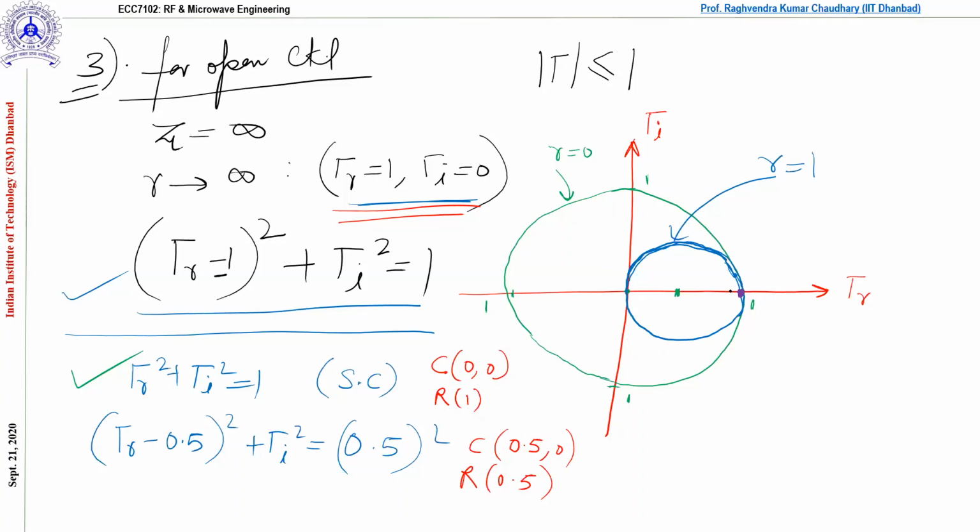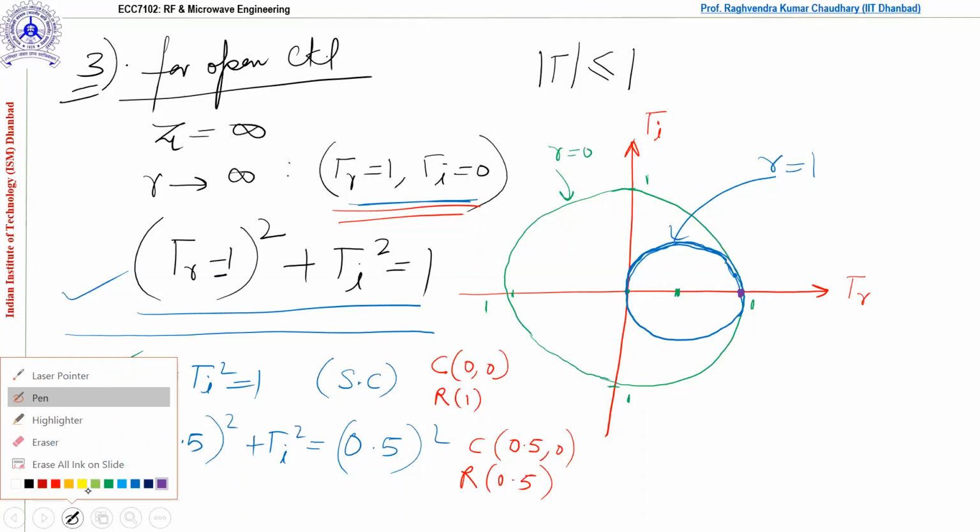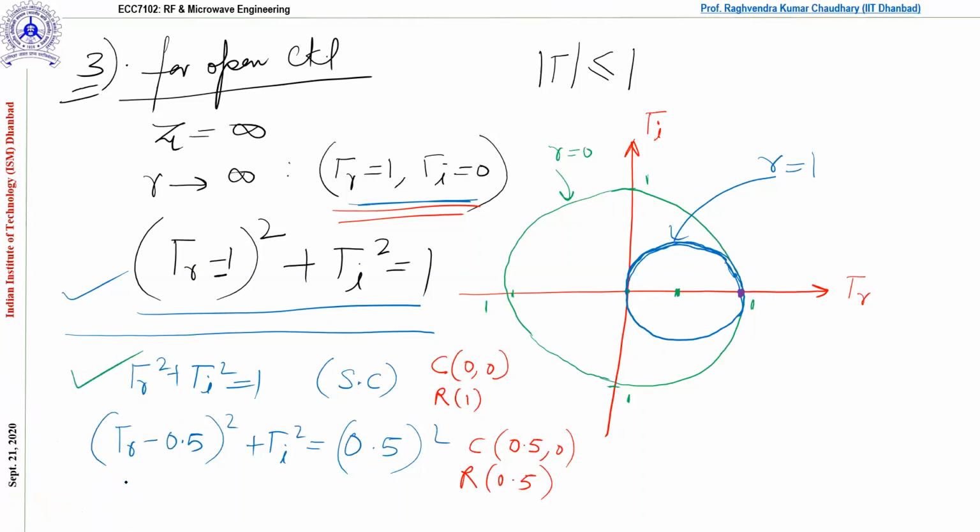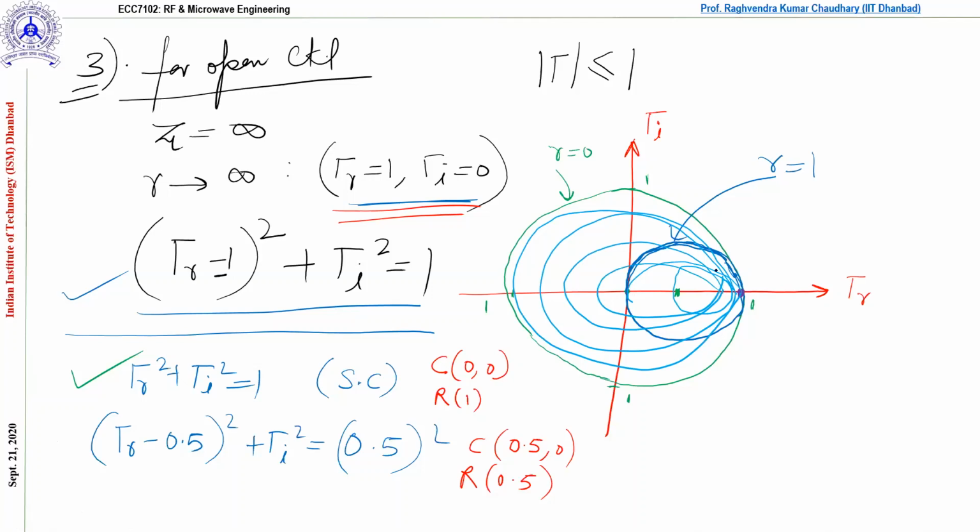So we can expect the number of circles here, like I can draw. So some other circle like this also, like this, like this, like this. A number of circles are there, like this. Fine, a number of concentric circles will be like this. Fine.